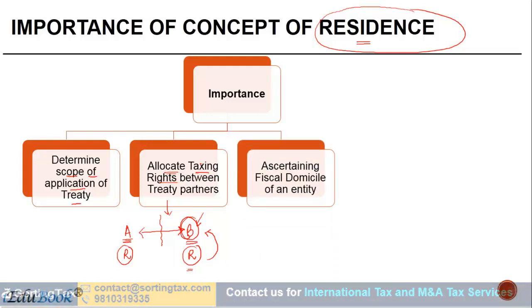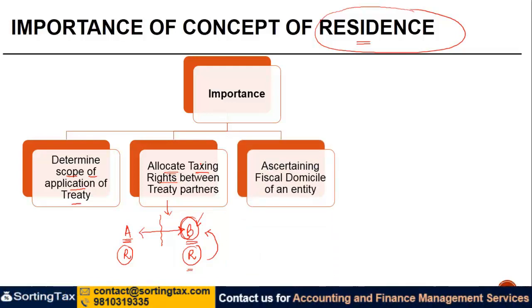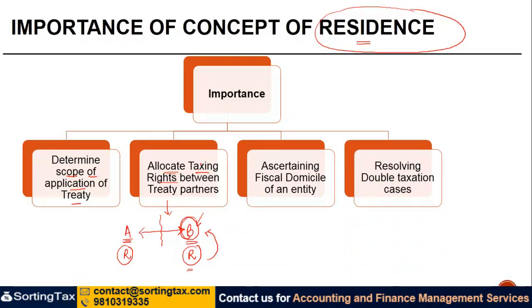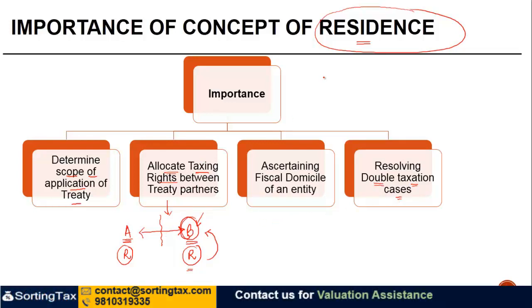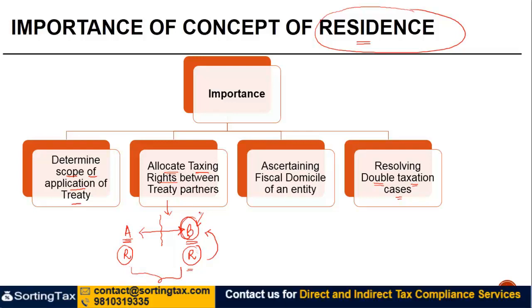It helps you to ascertain the fiscal domicile of an entity, and it also helps you in resolving double taxation cases. Now, what that means is, normally the right to tax is given based on the residential status of a person, right? If by application of Article 4, a person becomes a resident of country B, A may agree that we are going to give up our right to tax, right?